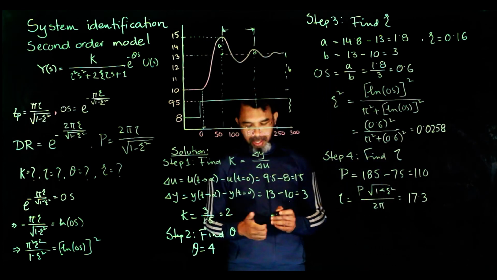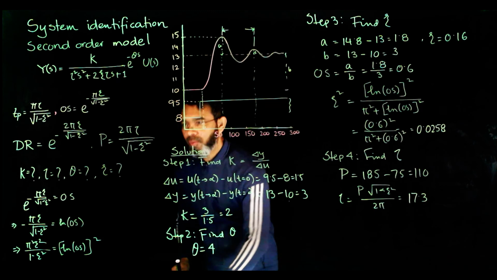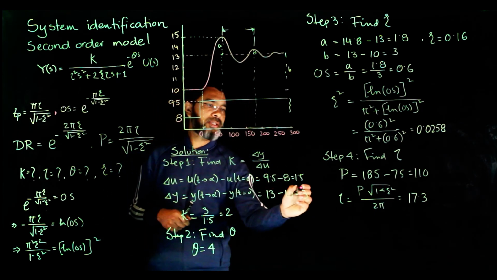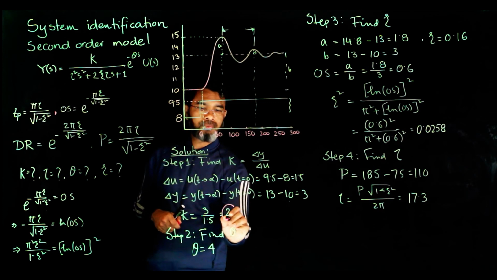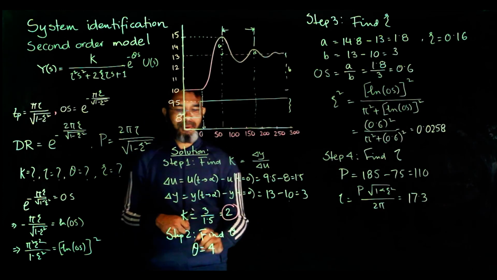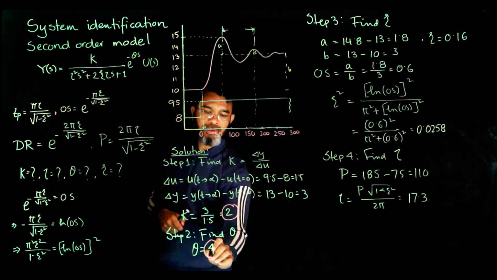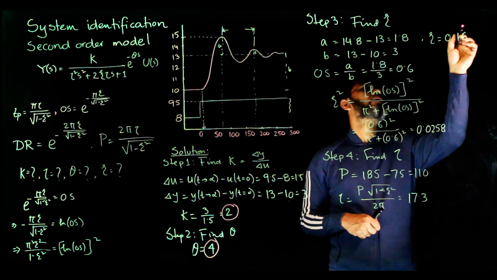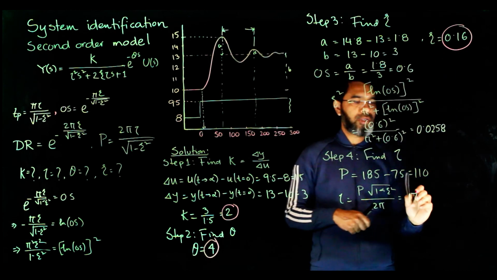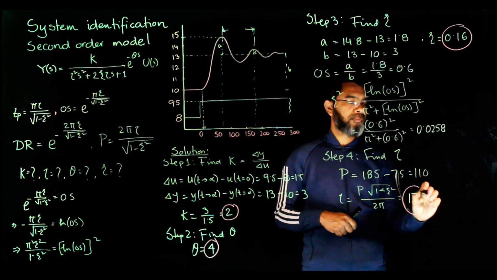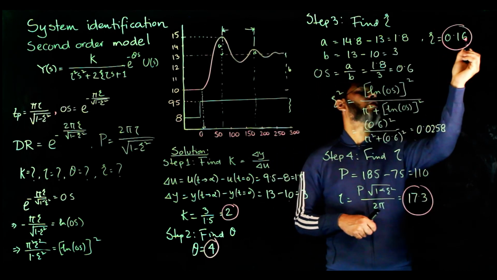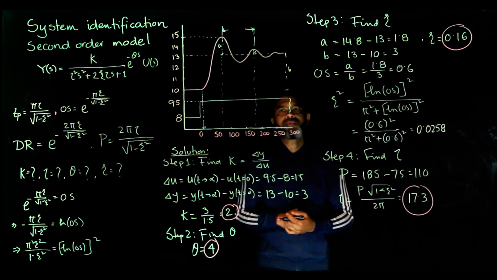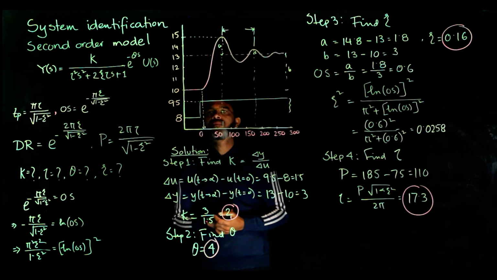Okay. So now we have seen we got the value of K, which is 2. We got the value of theta, which is 4. We got the value of this damping coefficient, which is 0.16, and the value of tau, which is 17.3. Okay.